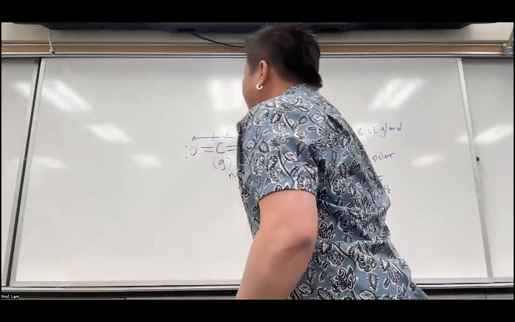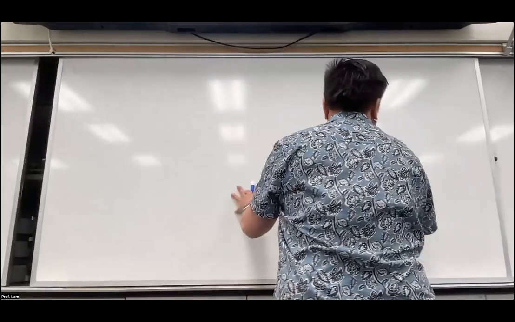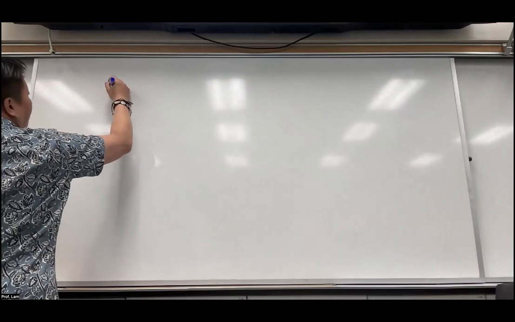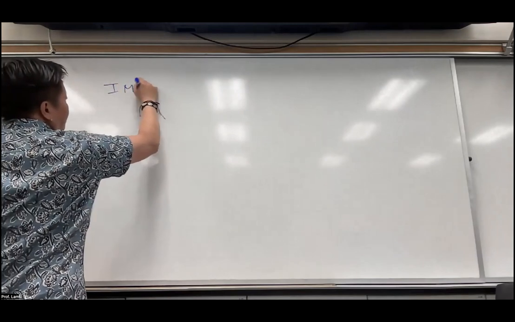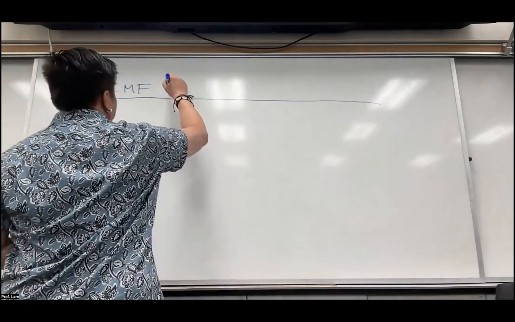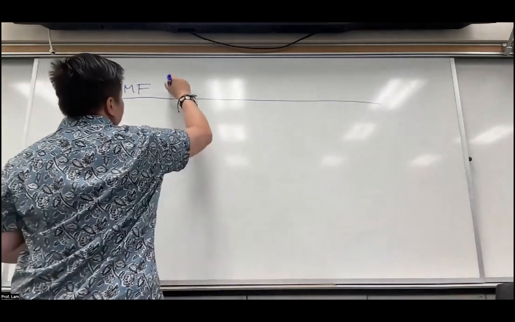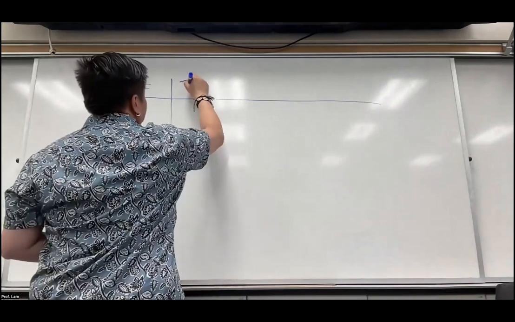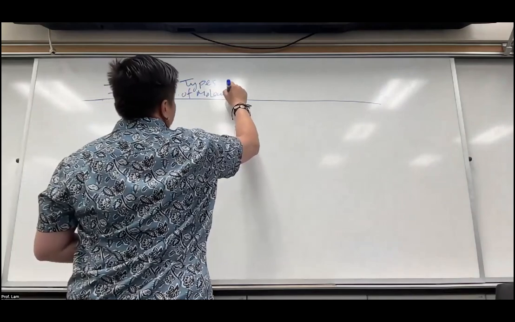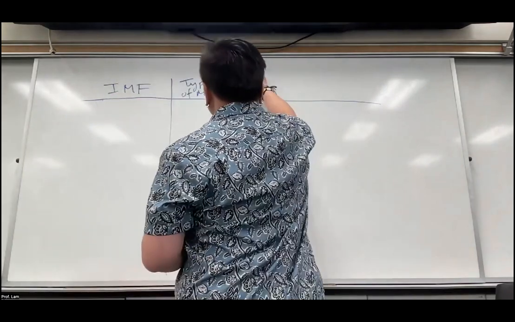We are going to make a table. First column, let's call it IMF. Second column, types of molecules that would exhibit that IMF.